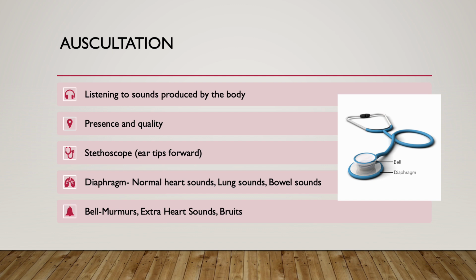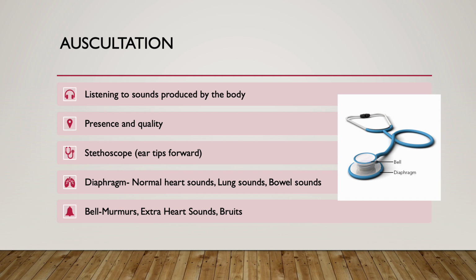What's going to be important for you to know today is that the diaphragm is used to listen to higher frequency sounds, such as heart sounds, lung sounds, and bowel sounds. And the bell is used for hearing low frequency sounds, such as murmurs, bruits, and extra heart sounds.